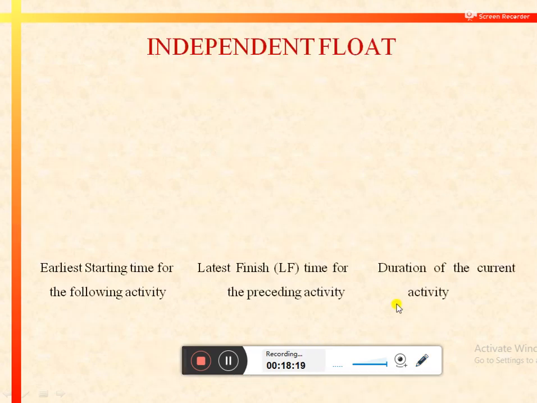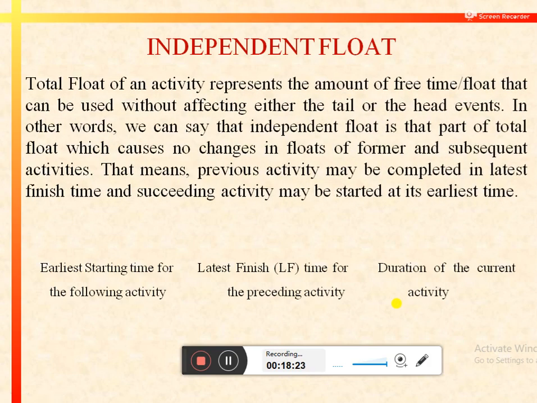Now we will discuss the fourth type of float, that is independent float. Independent float represents the amount of free time or float that can be used without affecting either the tail or the head events for a particular activity.